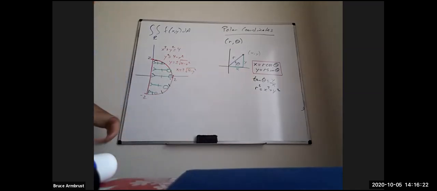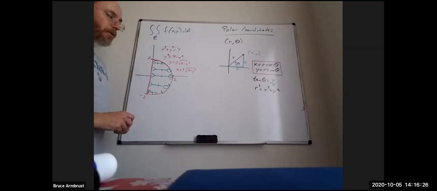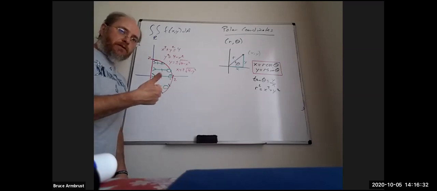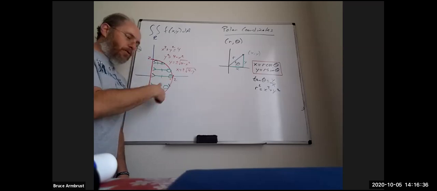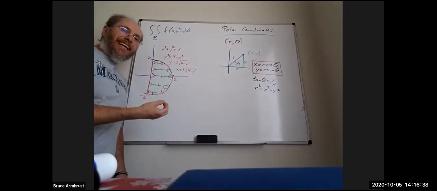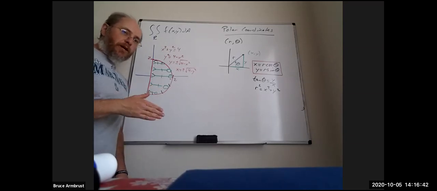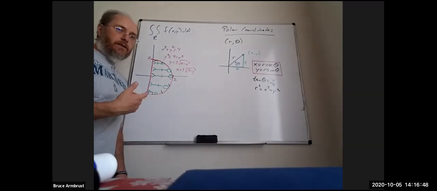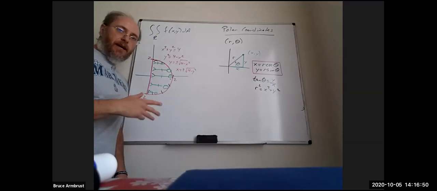Now, when it comes to what we're doing, we're going to use polar coordinates when our regions are portions of circles, if they've got symmetry about the origin. So other things like an ellipse would be a good thing to use it on. Any of those weird polar shapes that we saw, cardioids, roses, lemniscates, limaçons, all those.